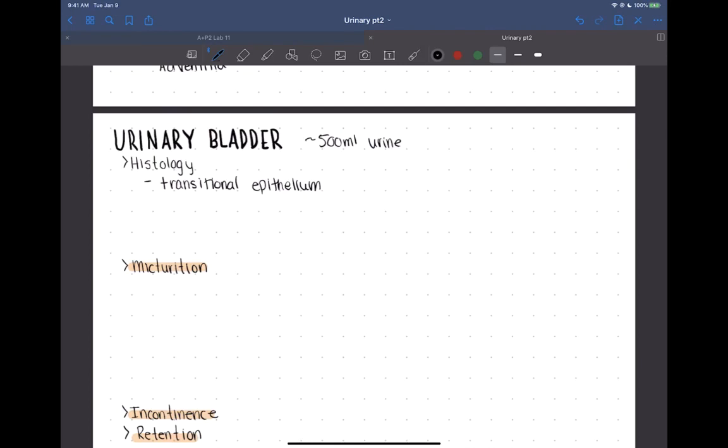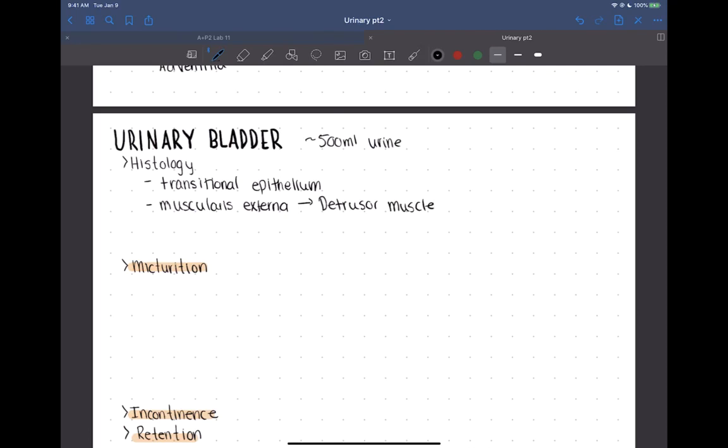The muscularis externa is going to be highly muscular. It is going to contain a layer of muscle called the detrusor muscle. The detrusor muscle is the special name given to the muscular wall of the bladder.